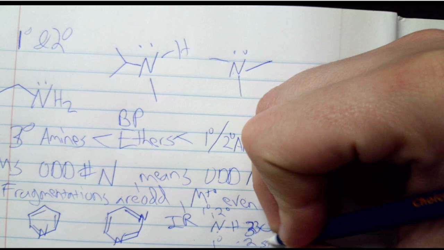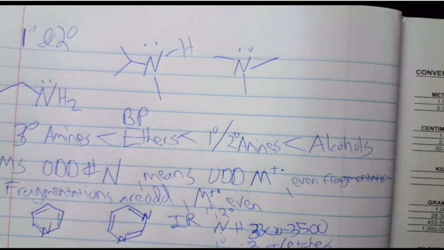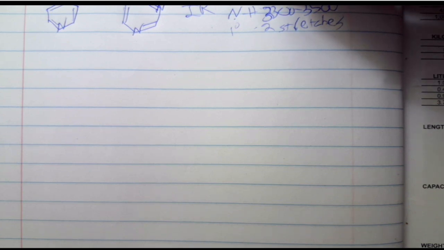That's often the case. That's not always a guarantee, but you're looking for that. A single OH is only going to give 1 stretch, but a primary amine probably gives you 2 stretches, so that's a big defining factor.